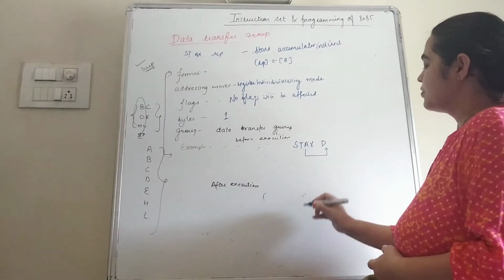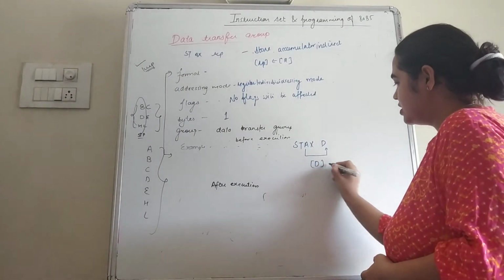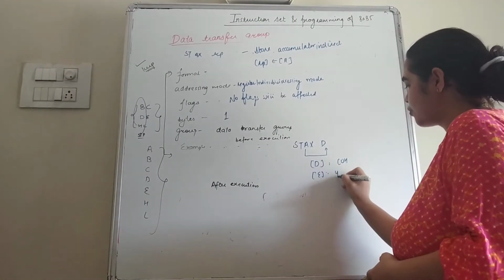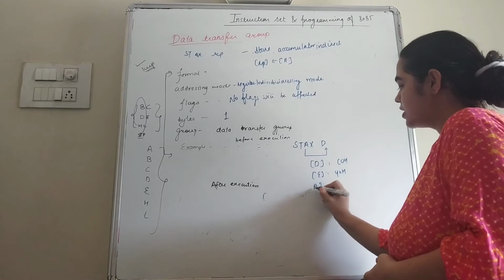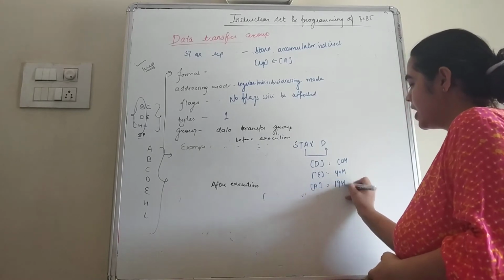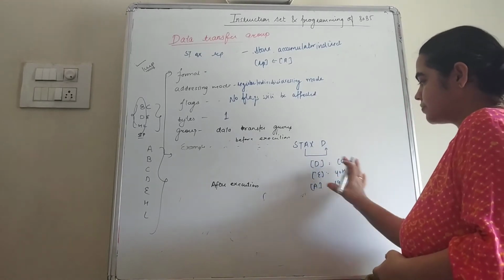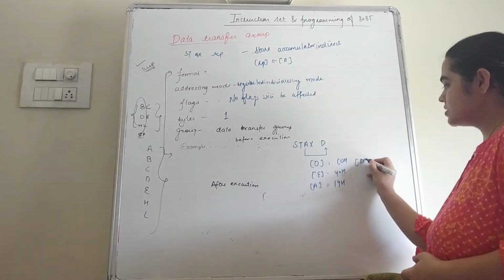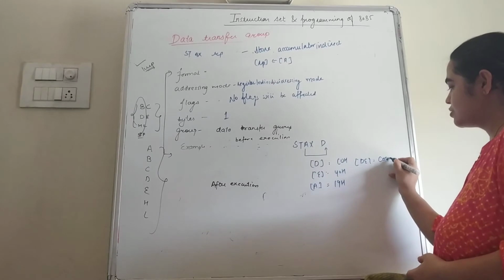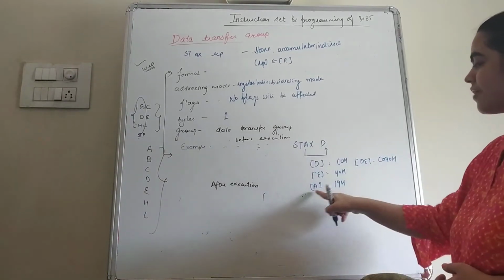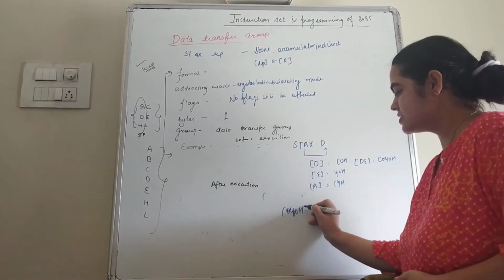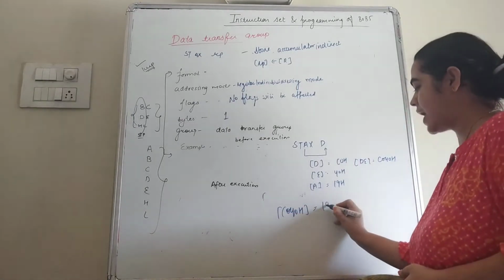Here we have the value of D as C0H, E has the value 40H, and the accumulator has the value 19H. So students, DE has the value C0 and 40H, that means DE equals C040H. After the execution of this instruction, the contents of C040H will be 19H.